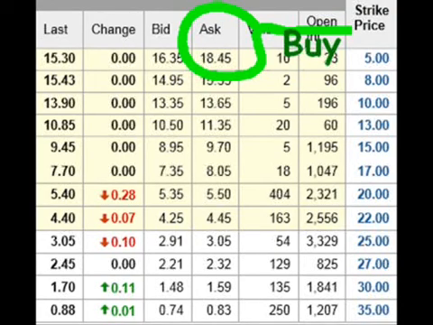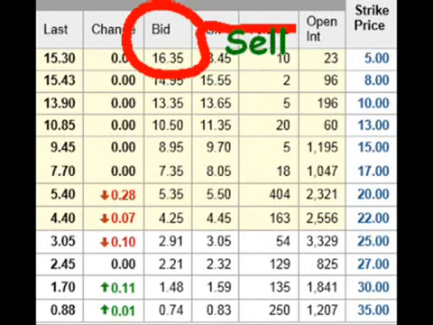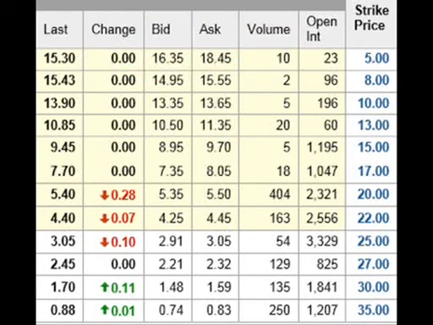As you can see on this ask here, that's what you buy it for, $18.45. Now, the bid I've circled in red is the price you could sell it for, and the bid on this one is $16.35. So, as you can see, just making a round trip, you're going to lose a lot of money.